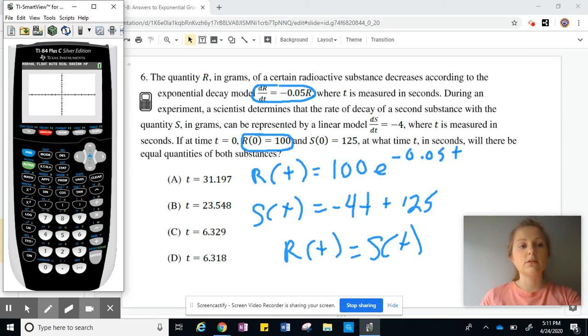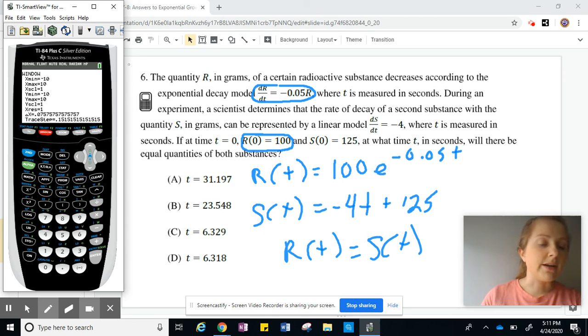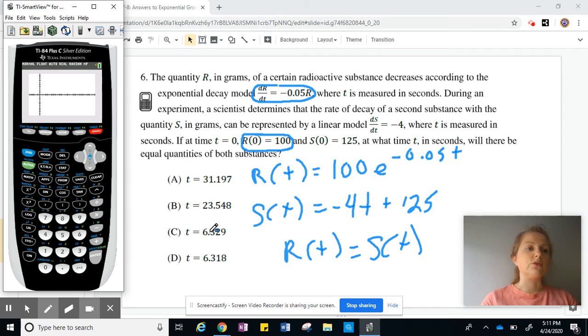There we go. So obviously C and D are not my answers because the graphs didn't even fall in that range. So let's make this a little bigger. I want to go up to x equals 50 because that should cover my other 2 options.